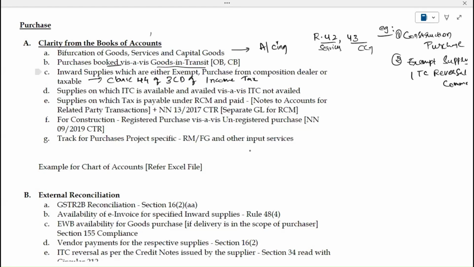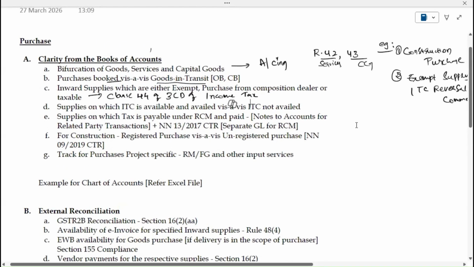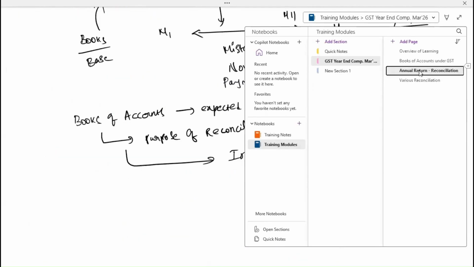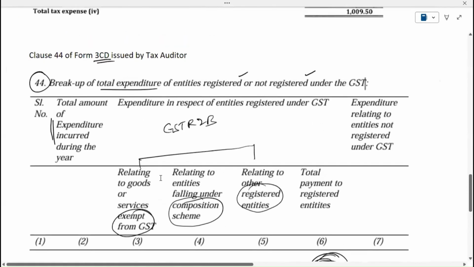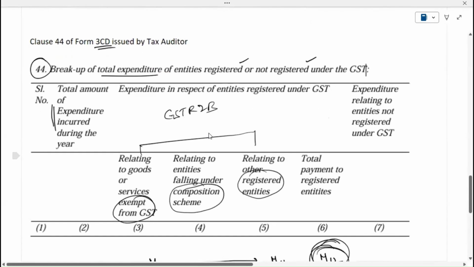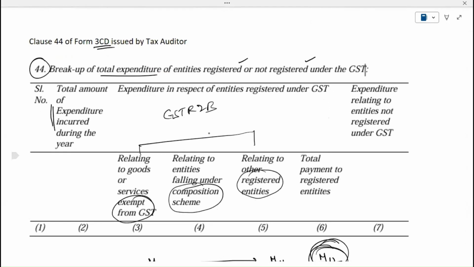Clause 44, Form 3CD, breakup of total expenditure of entities registered or not registered under GST. I need to give breakup of exempt purchases, composition dealer purchases, registered dealer purchases.